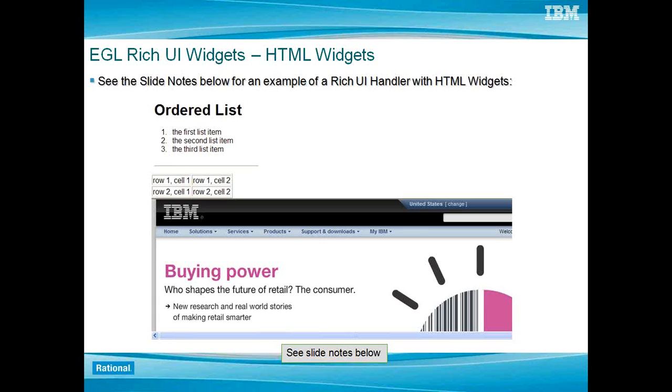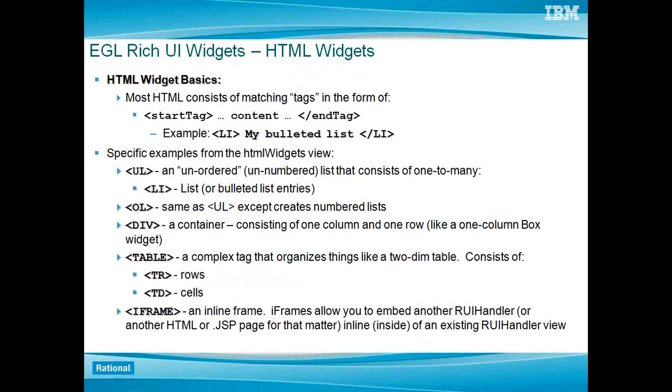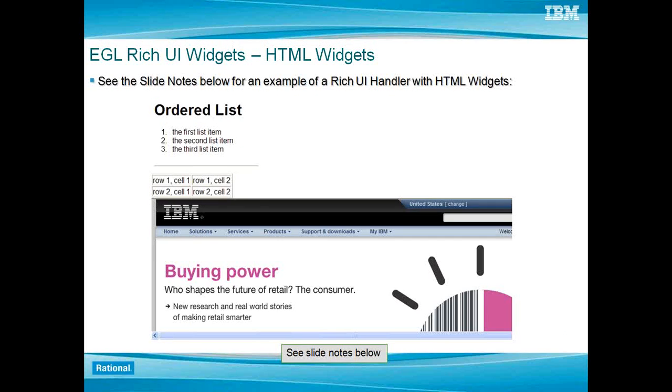So here we have an example of the HTML widget. If you see on the previous slide, we have some high-level code overview that you can put inside of your HTML widget, like your unsorted list values and div container or table text, and then here is the result.